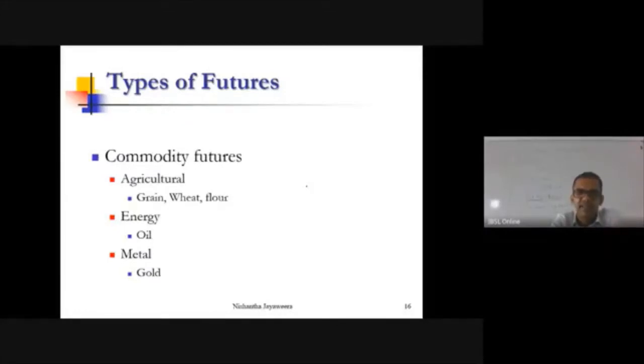Agricultural may be grain, wheat, flour, sugar, whatever it is. Energy may be oil, gas, even electricity futures. There are electricity futures, even though you cannot store it. And metal may be gold, zinc, copper, platinum, any metal. It may be an industrial metal or a precious metal like gold.